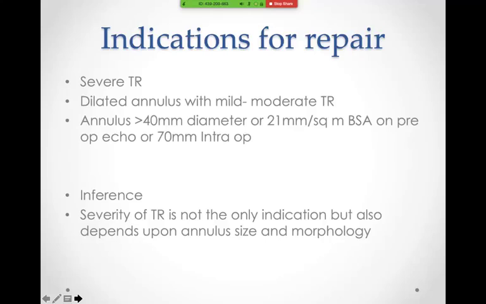As already discussed by the previous speakers, more than 40 mm diameter of the annulus is considered an indication to repair the tricuspid valve. So the inference is that the severity of the TR is not the only indication, but we also have to look at the annulus size and the morphology of the valve leaflets.